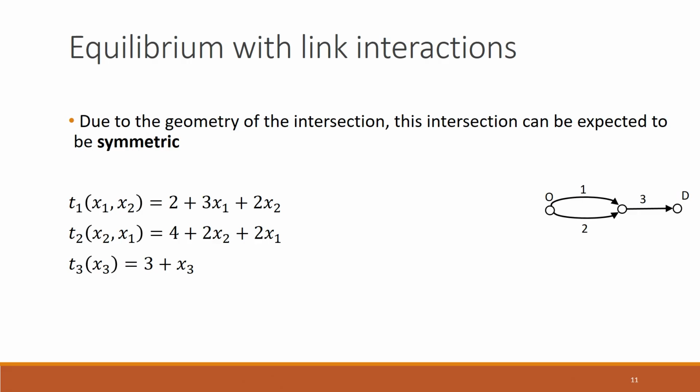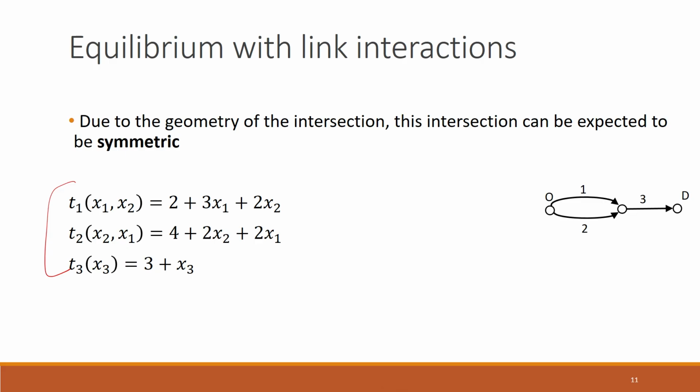So, suppose that we have the expressions of the travel time for these 3 links given to us here. Okay. You can see that the travel times of links 1 and 2 are functions of not just x1 and x2 respectively, but also of the flow on the other pair link, that is x2 and x1.